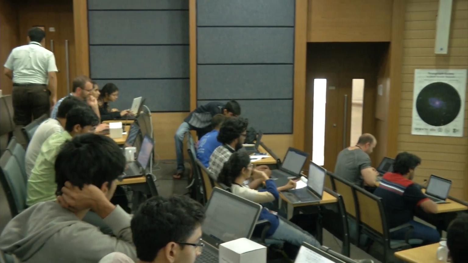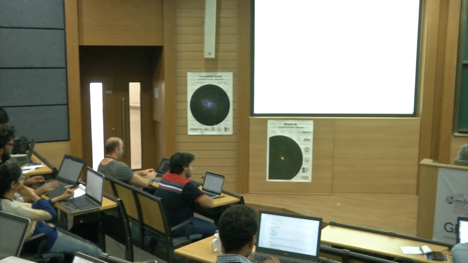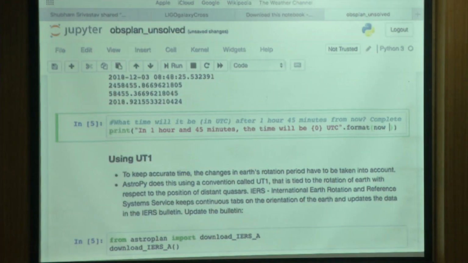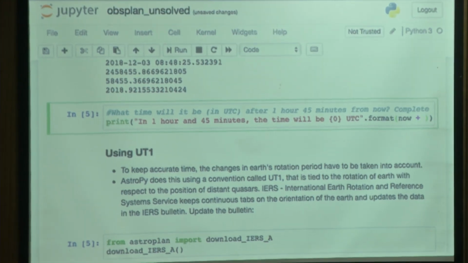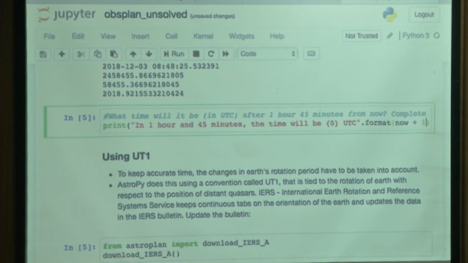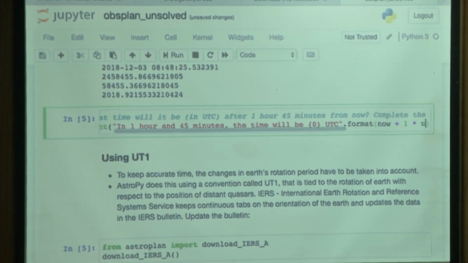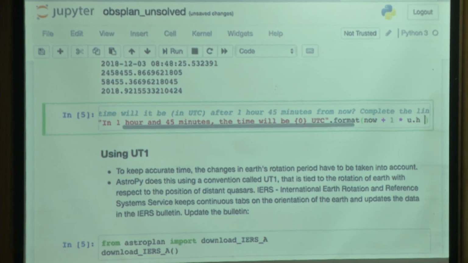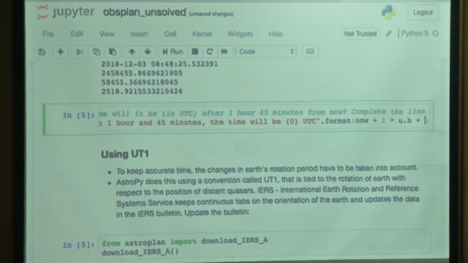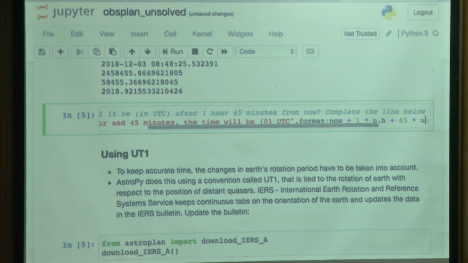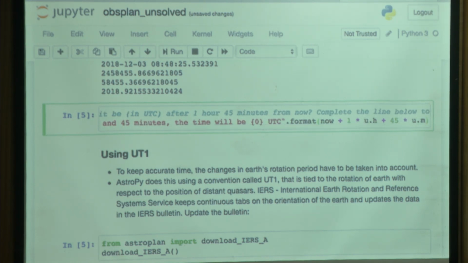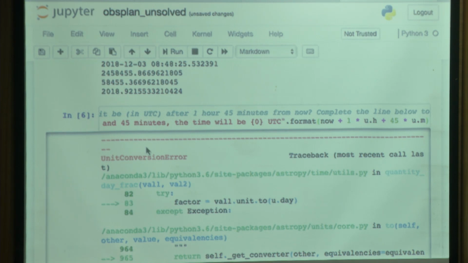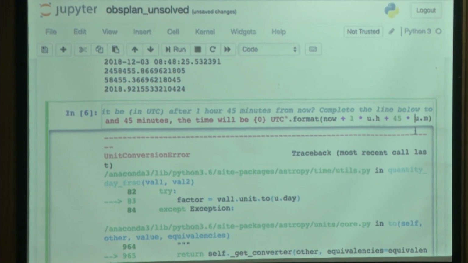Okay, so what do we have to do here? We just add 1 hour 45 minutes to now. So we just add it here. But we just have to be careful about the units. So let's do 1 and... sorry.